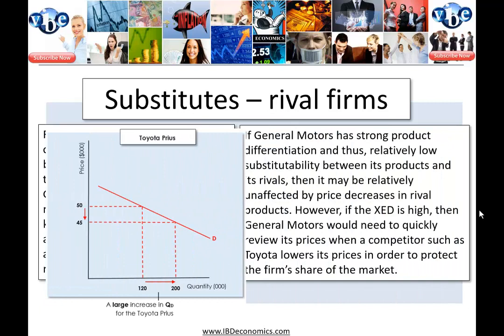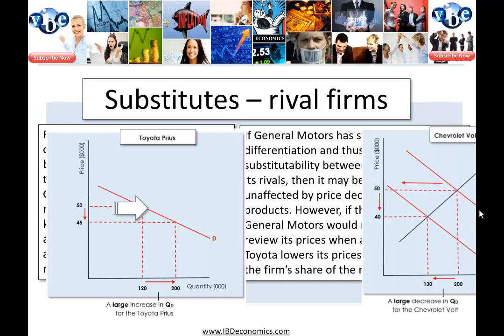So take, for example, the Toyota Prius. A price discount there from $50,000 to $45,000 would result in a large increase in the quantity demanded for this good.